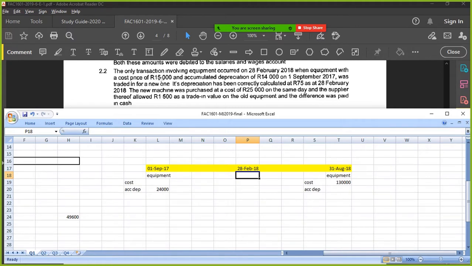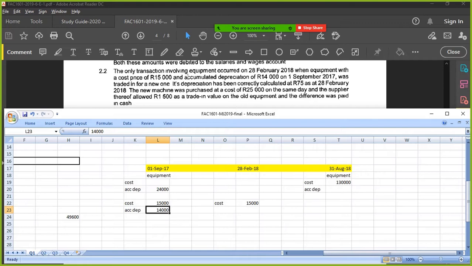Equipment with a cost price of 15, and an accumulated depreciation of 14 at that date. So this needs to move down a bit. Accumulated here was 14, for this asset. Obviously the cost won't change.